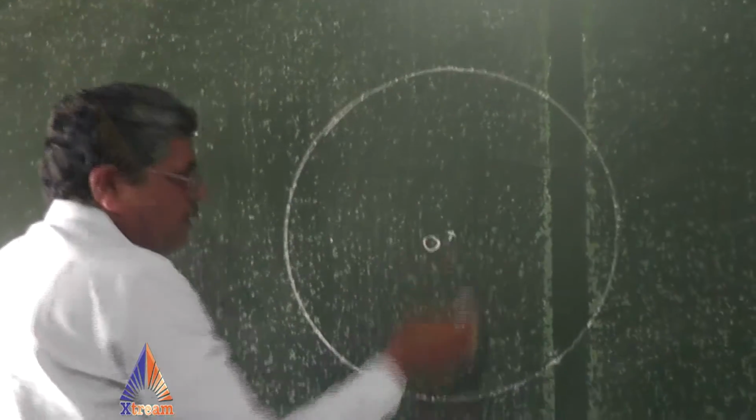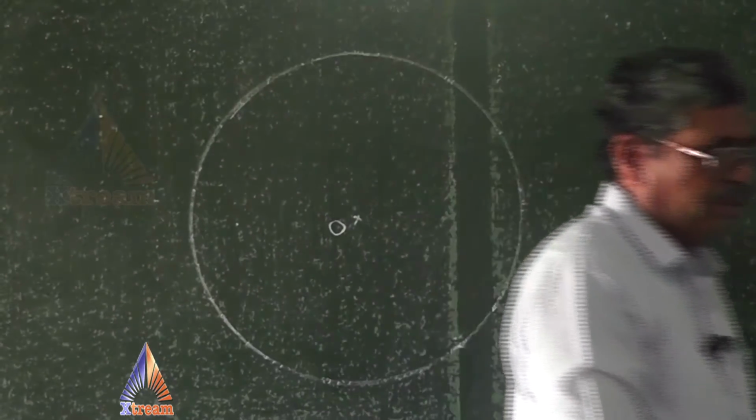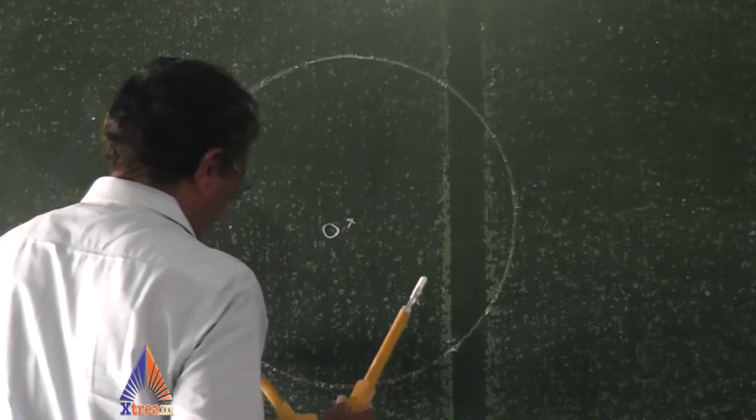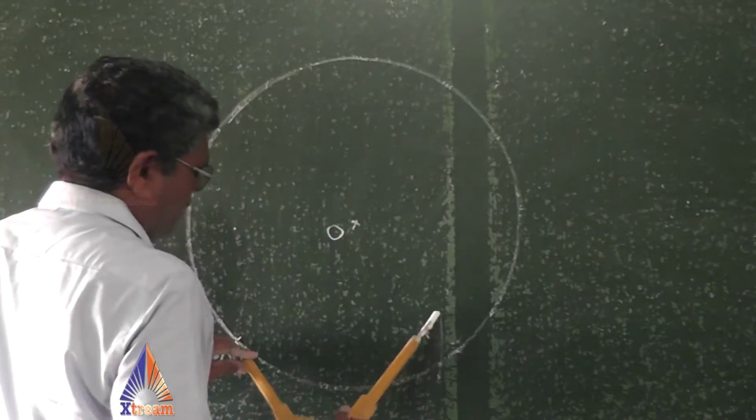So this is O. Then for the length of the chord, you can mark any point on the circumference of the circle. Anywhere the point. This point is A. Then after marking A, you can take a radius equal to 8 centimeter. With A as the center, you can mark on the circumference.